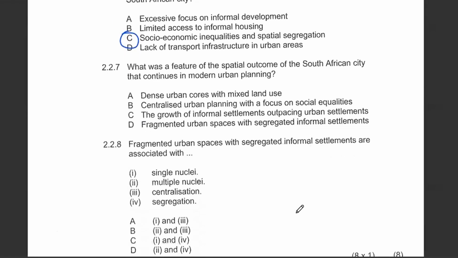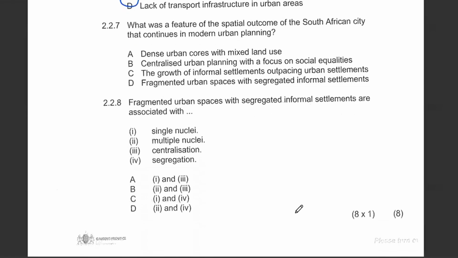What was a feature of the spatial outcome of the South African city that continues in modern urban planning? Our cities of today are still having the same problem of the spatial outcome which was there in the South African city plan. What is the problem there? The growth of informal settlements outspacing urban settlements.